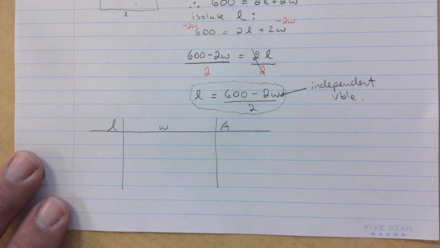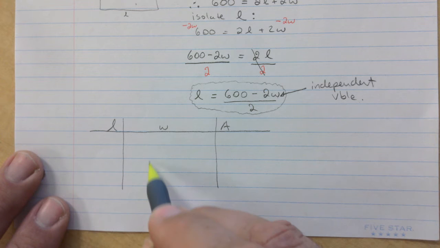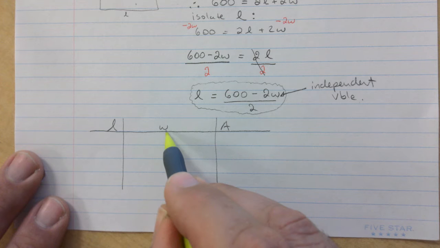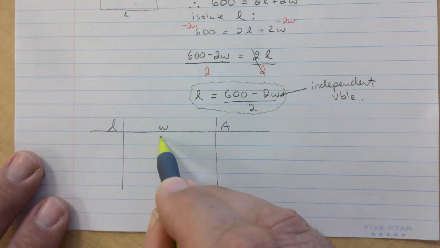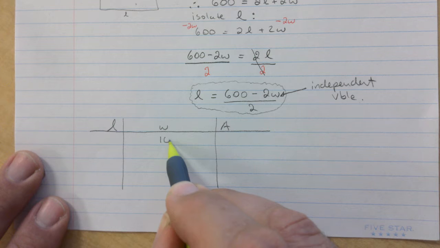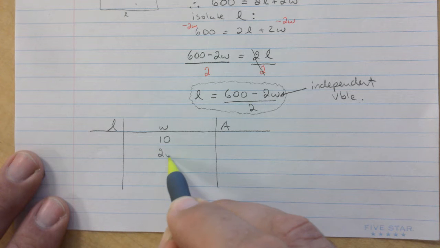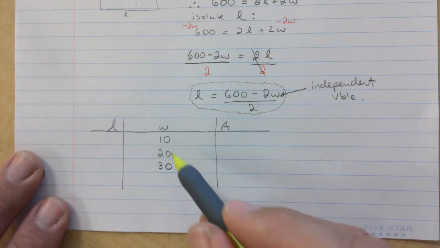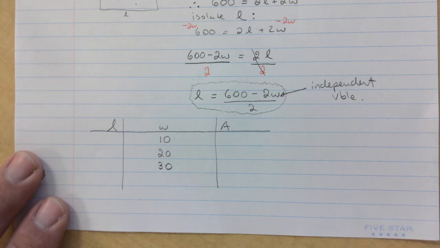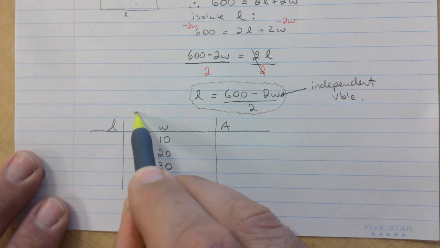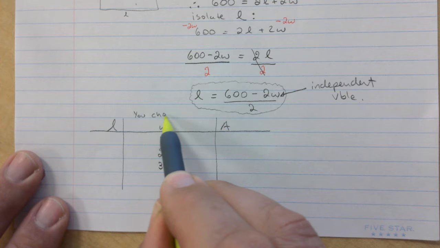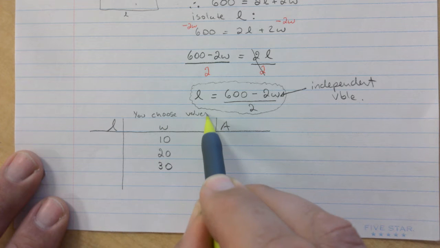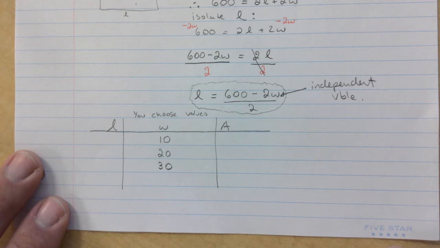So you come to the independent variable, and what I do is I try 10, then I will try 20, and then I will try 30. These are random. I will show you that it doesn't really matter what you pick. You could do 1, 2, 3, but I'll show you later on 1, 2, 3 is not the best. So I strategically stick with 10, 20, 30, and it works out.